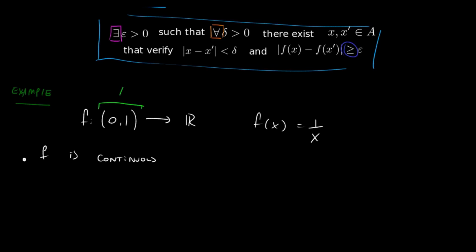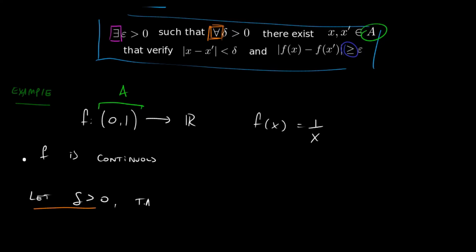In this case, (0, 1) will be our interval A. So now we have to let delta be a number greater than 0. What this is telling us is that we are marking this for every delta greater than 0, because we're not taking just a particular delta, we're just letting delta be a number that's greater than 0.